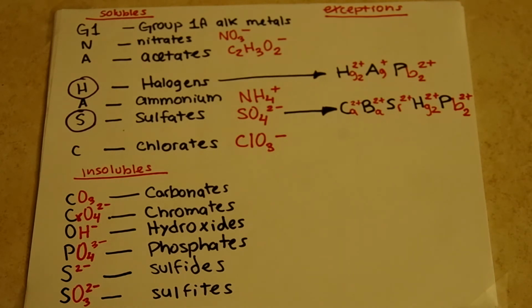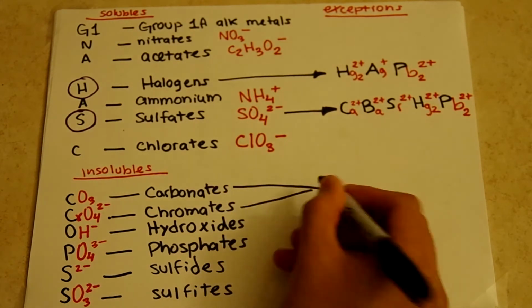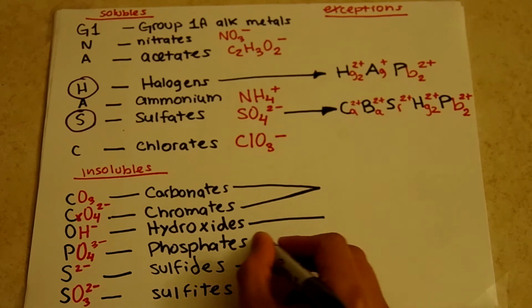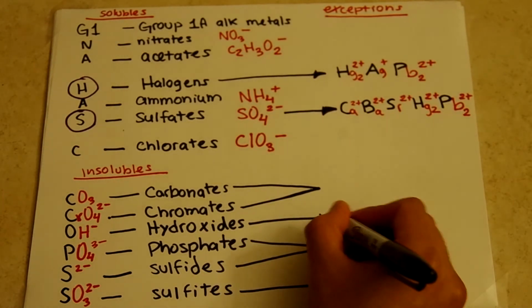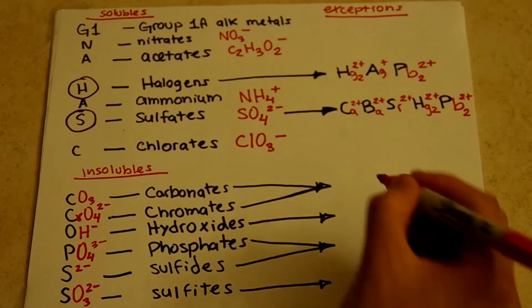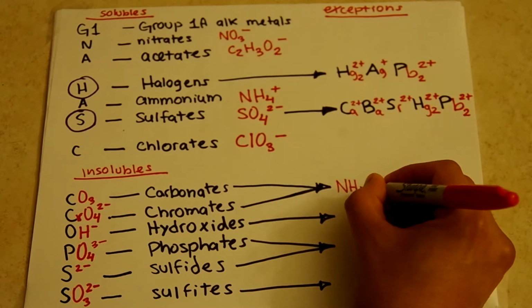Now we're going to be talking about the exceptions of the insolubles. As you can see, I broke them down into arrows. So the first two, carbonates and chromates, have the same matching as phosphates and sulfides as far as arrows. What that means is that those are going to have the exact same exceptions.